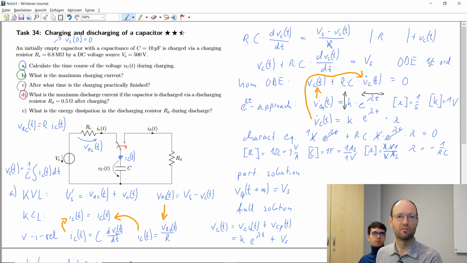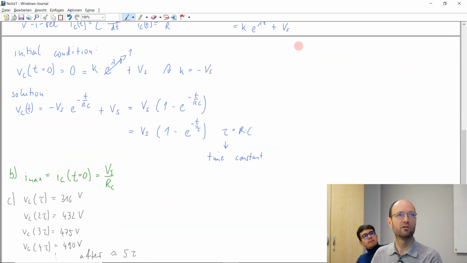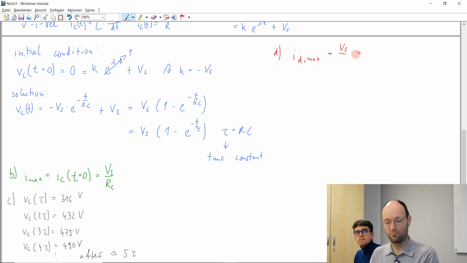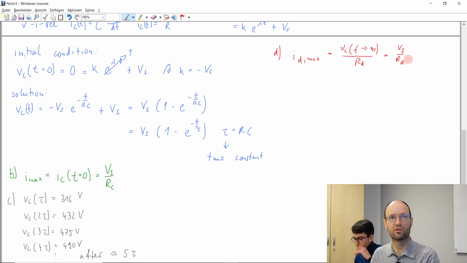And so this maximum discharge current in subtask D, I think this was called I_D, the maximum of this will be once again the source voltage, the 500 volts, which is the same, or maybe let's write it like this, the voltage drop across the capacitor for time went to infinity, divided by this discharging resistor. And so this will be the source voltage divided by the discharging resistor.